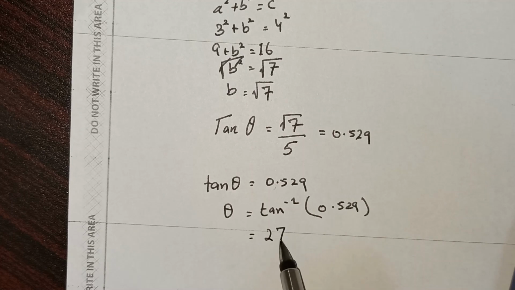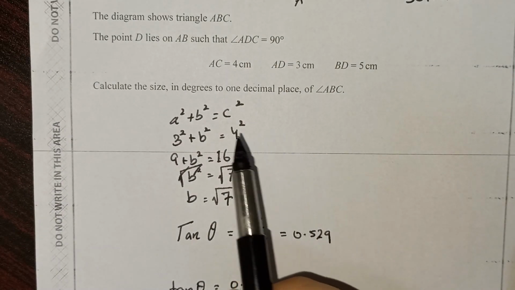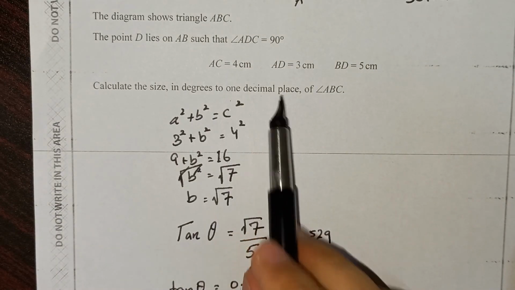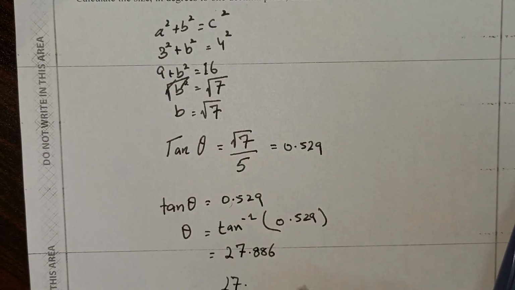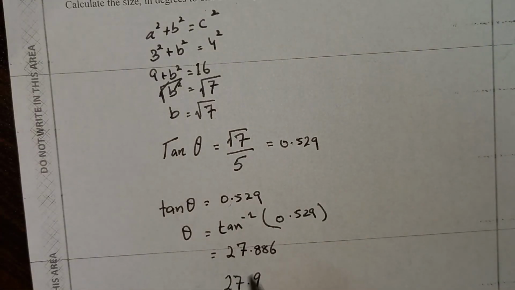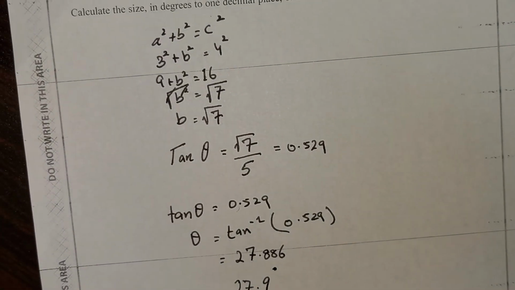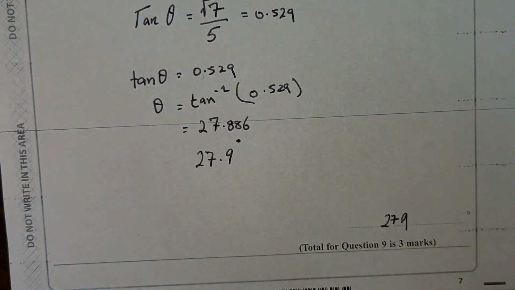It gives us 27.886, but in the question they say find in degrees to one decimal place. So we round it off to one decimal place, which gives us 27.9 degrees. We'll write it over here as well, 27.9 degrees. So we're done with question 9.